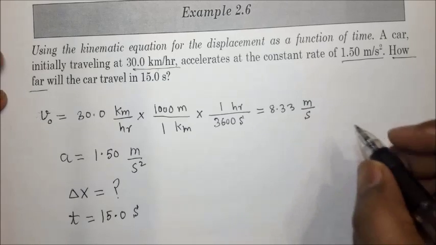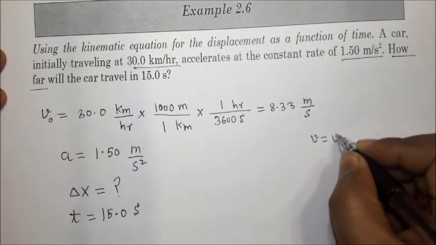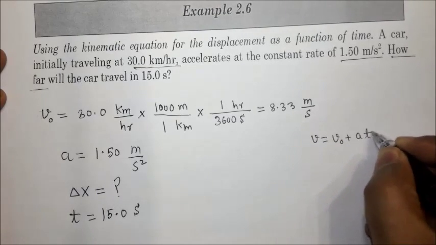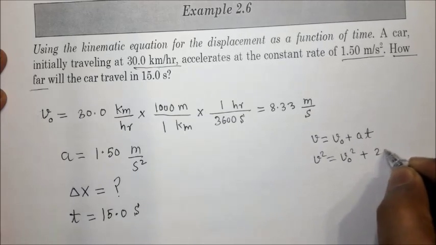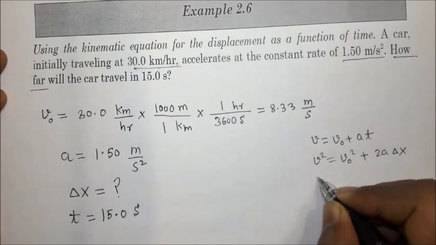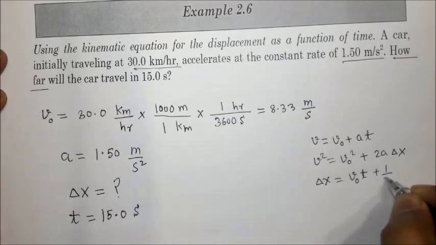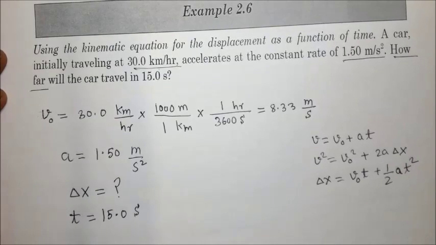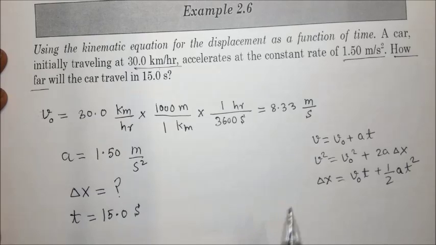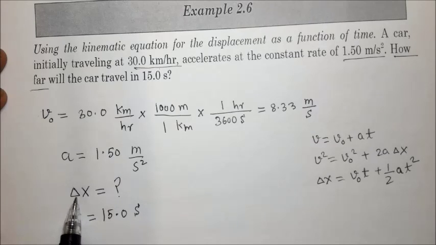So again we have three equations. V final is equal to V initial plus at. V final square is equal to V initial square plus 2a delta x. Delta x is equal to V initial t plus 1/2 at square. One of these three will be useful to solve this problem. Now we are looking for delta x.